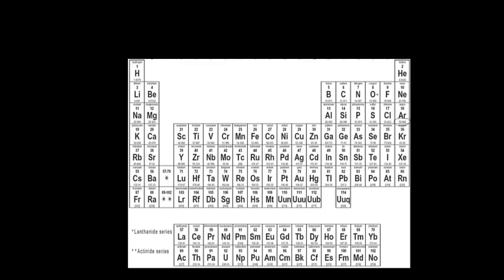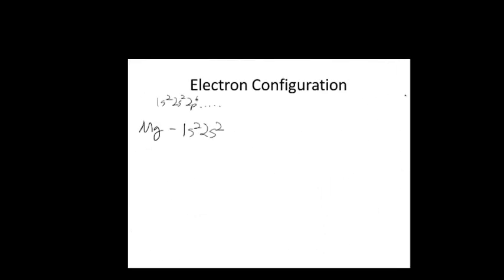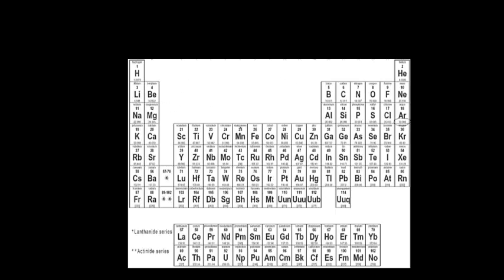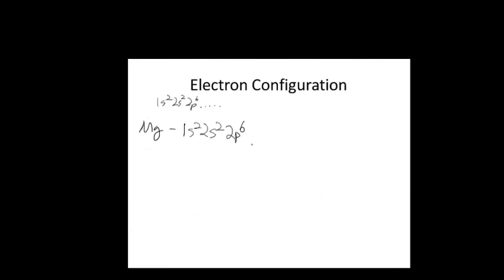As I go through boron, carbon, all the way to neon, still the second row, these are the P's. There are 1, 2, 3, 4, 5, 6 of them, so 2p6. Now I'm in the third row, and there's magnesium. So 1, 2 over, and these are the S's, so 3s2.